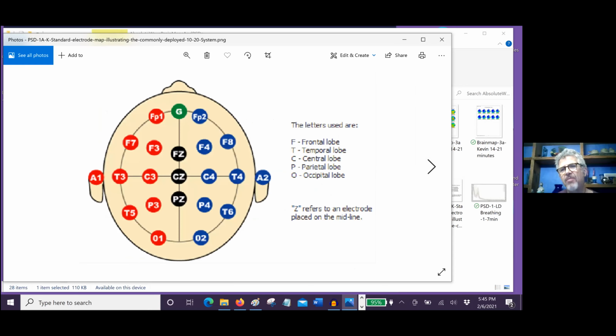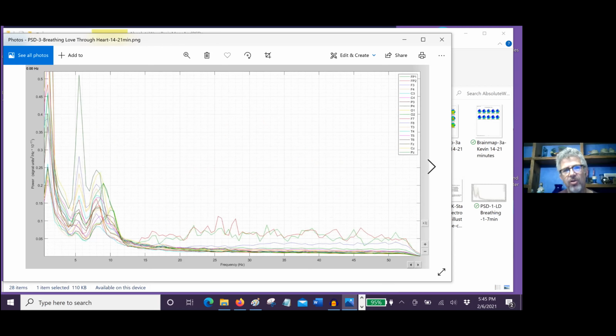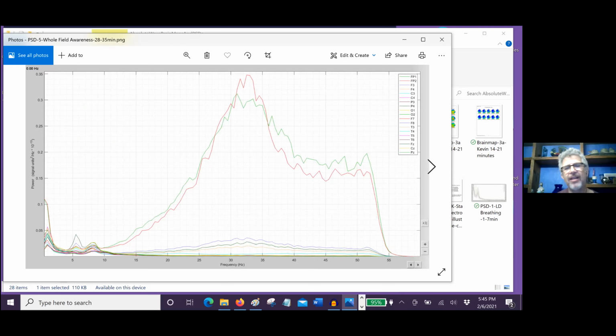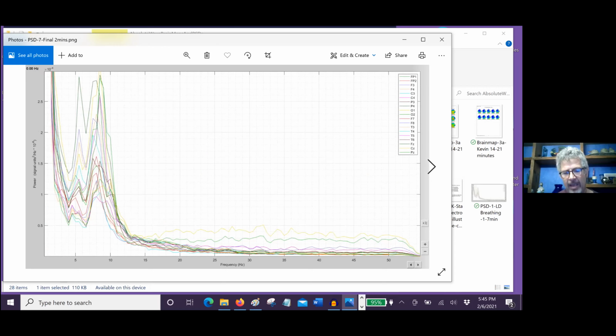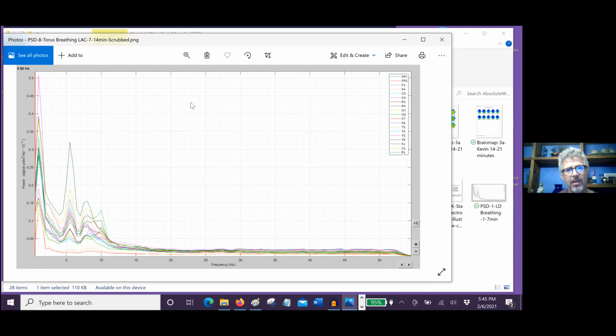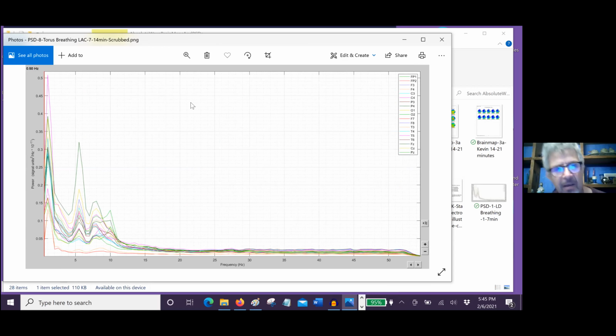I don't understand much about graphs as much as you do, but at the end, you said that the important wavelengths of the brain waves were at 6, 8, and 10, more or less.